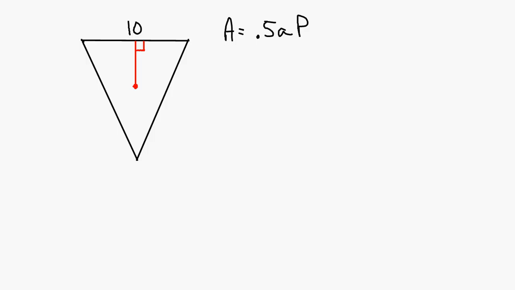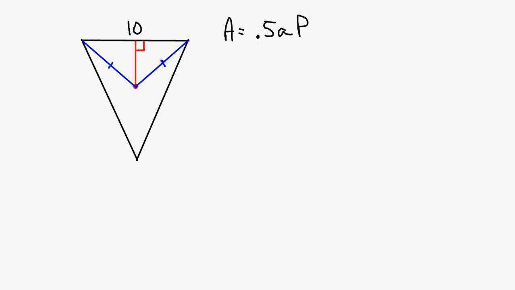The central angle is formed by segments connecting the vertices to the center of the polygon. In a regular polygon, those are referred to as the radius. They're congruent to each other. The blue lines form the central angle.